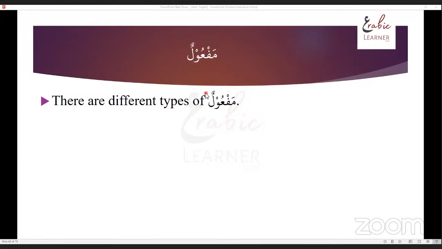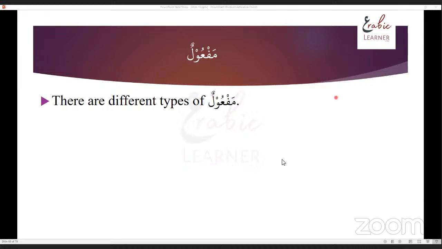For example, I gave you the example yesterday: Muhammad ate chocolate. Muhammad is fa'il, ate is fi'l. Chocolate is an extra detail of the sentence. "Muhammad ate" is also sufficient, but the chocolate is a detail. So that becomes the maf'ul.